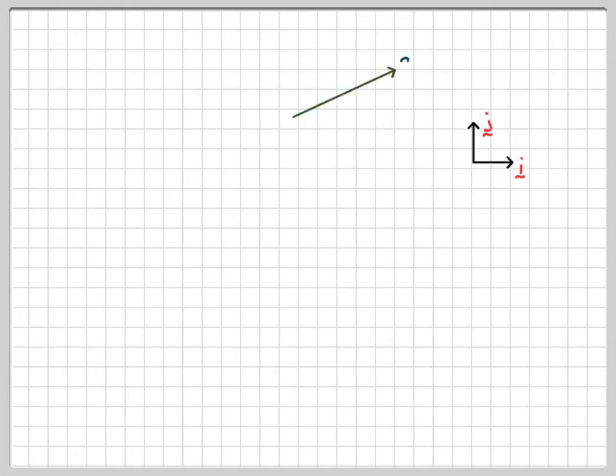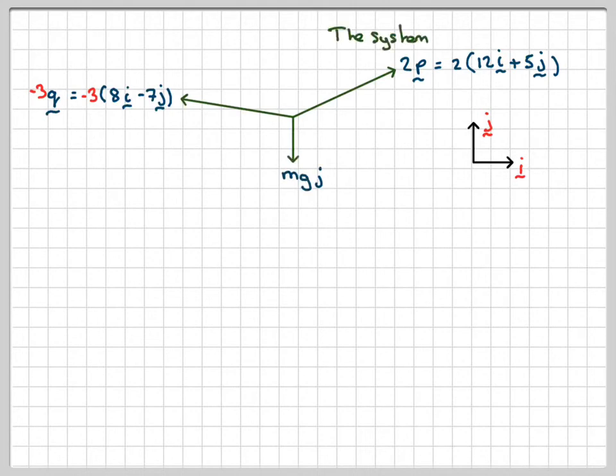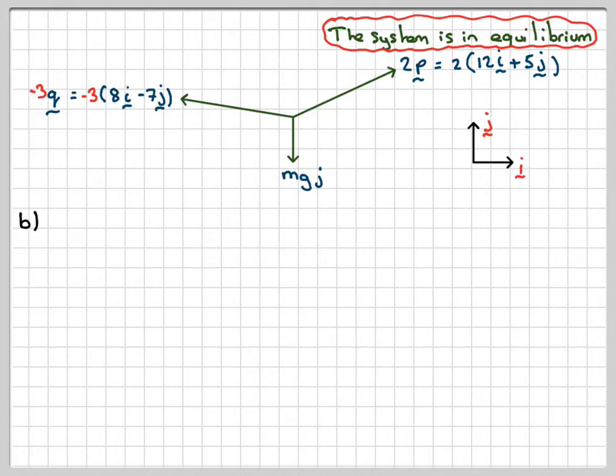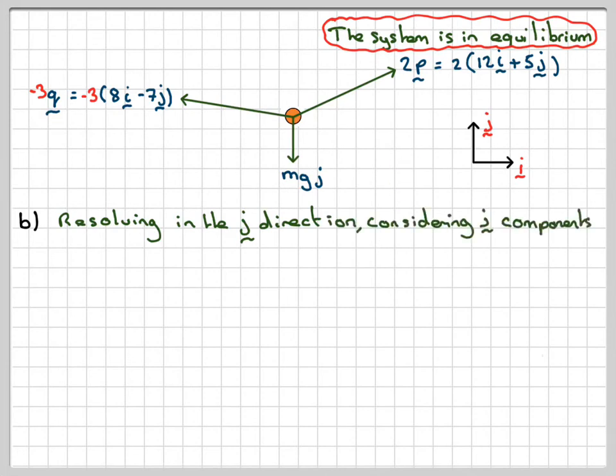Okay, so redrawing the diagram again. You don't need to do this, just so that we can actually see it. Right, so we're now going to resolve in the j direction, just looking at the components only. So we've got -3 times -7, plus 2 times 5.